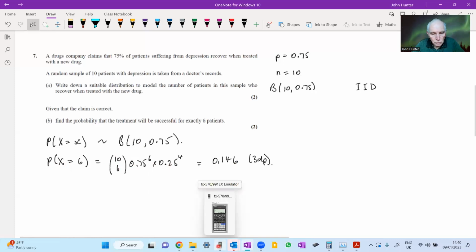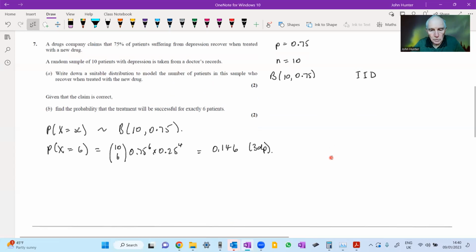But we don't need to rely on this calculation. We can do it on the calculator. Menu 7 on the calculator, and we can work that out quite easily. So that's that question, and that's a fairly common sort of thing.